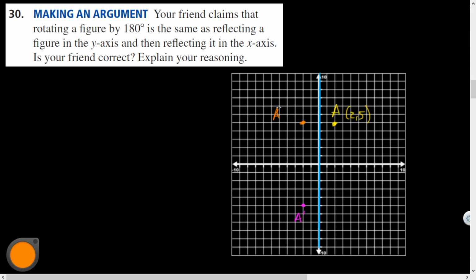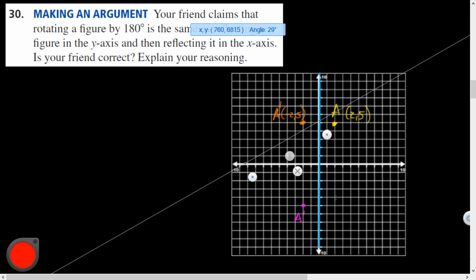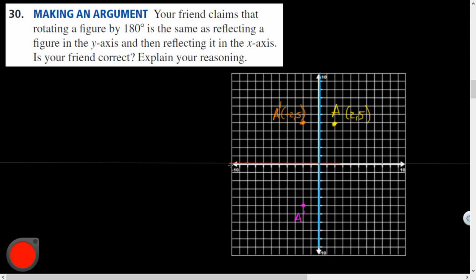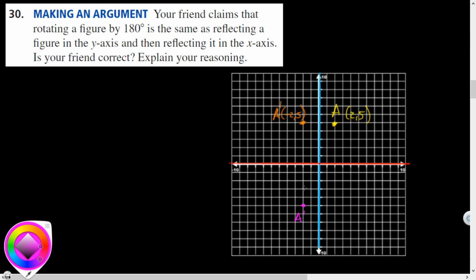So I guess I'll have to call that double prime in a minute. So A prime is at -2, 5. And then if I reflect over the x-axis, I think you guys can see and agree that A double prime would in fact land at -2, -5. So it does appear to work out in this instance.